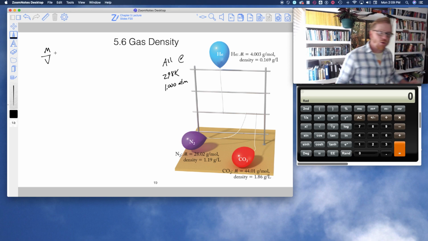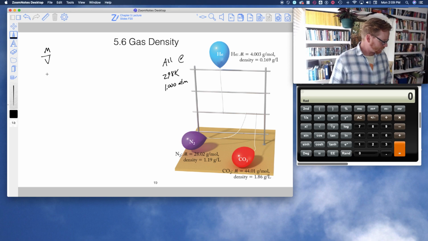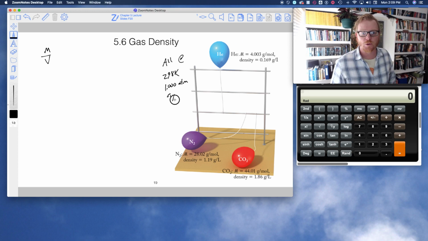Okay, so we know density is mass divided by volume, right? So let's just say we're talking about 1 mole of each gas. Then my mass is just going to be the molar mass of these things. And how do I calculate my volume? Well, I remember PV equals nRT.